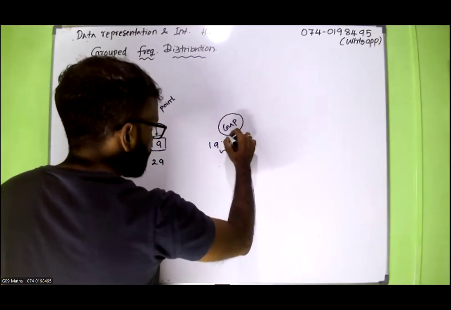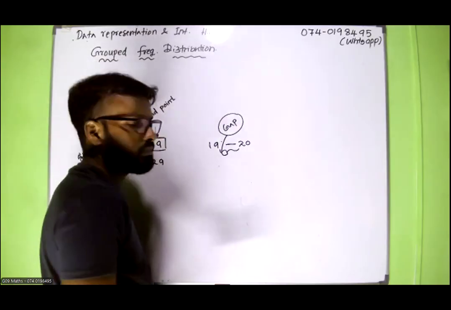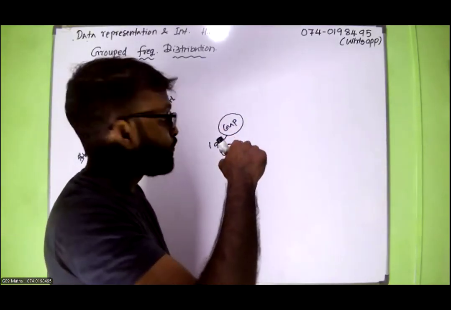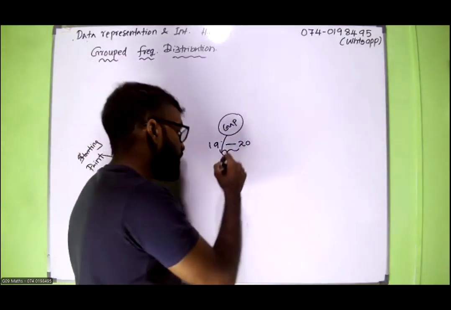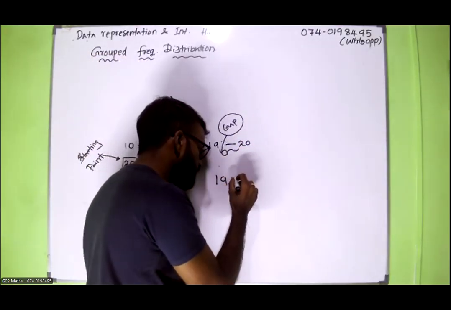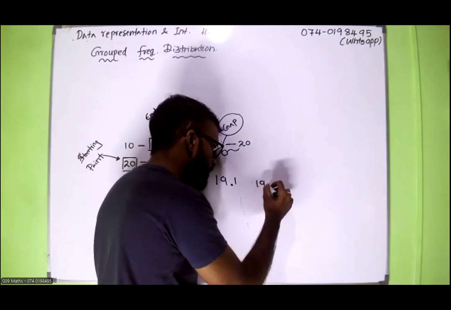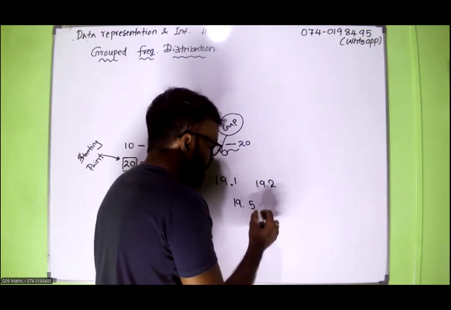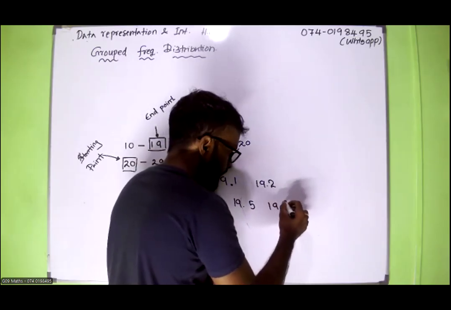Now, where are you going to put 19.1, 19.2, 19.5, 19.9?